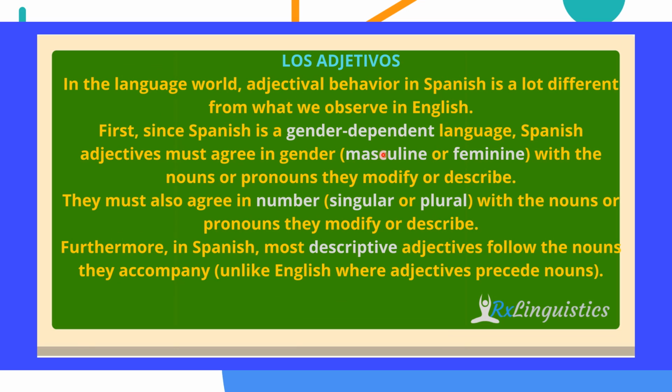Well, unlike English, Spanish is a gender-dependent language. And gender-dependent means there are articles that are masculine because the noun they precede are masculine, and there are feminine articles that precede feminine nouns.